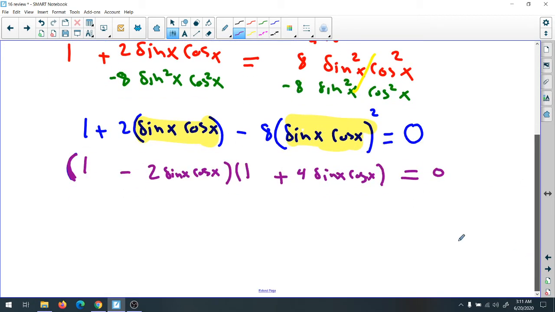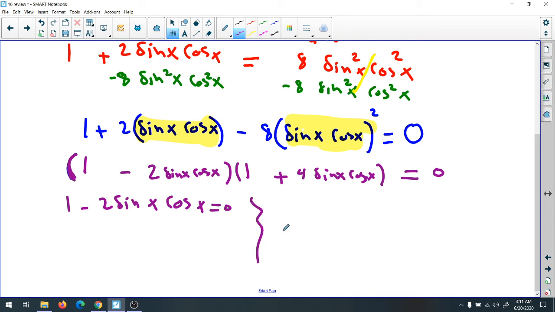Okay, so 1 minus 2 sine x cosine x equals 0. Or we have 1 plus 4 sine x cosine x equals 0.